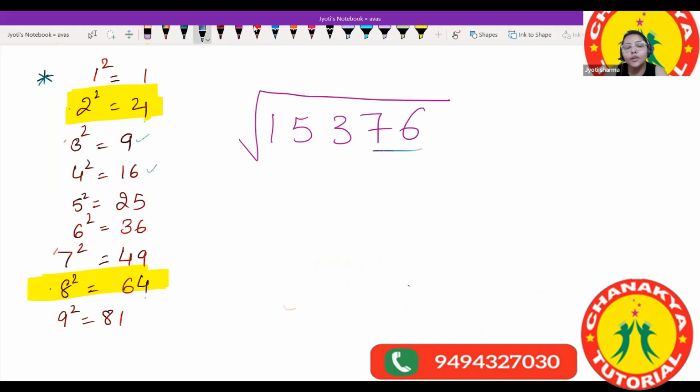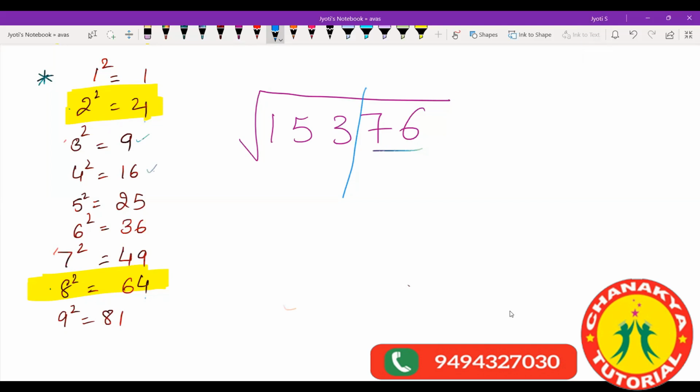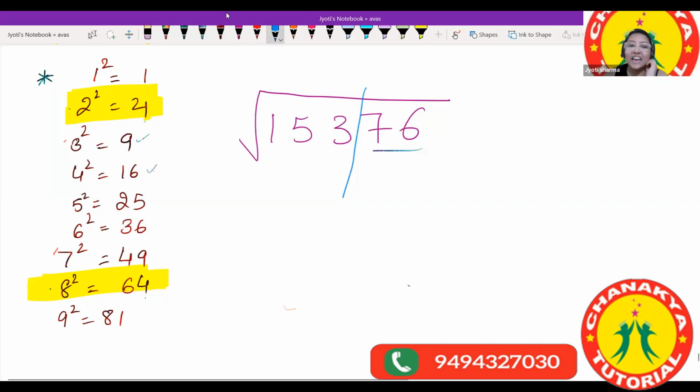Again, the first pair should have 2 digits. Now, you can take the remaining 3 digits together. Follow the same thing.